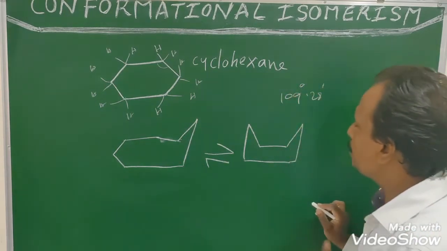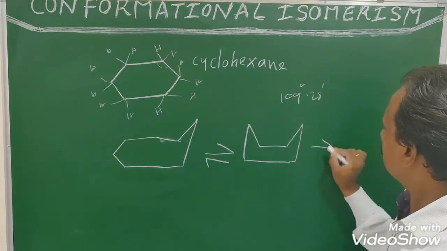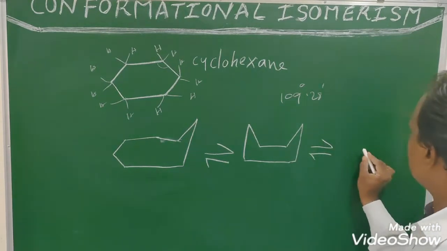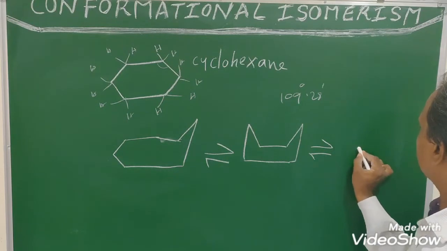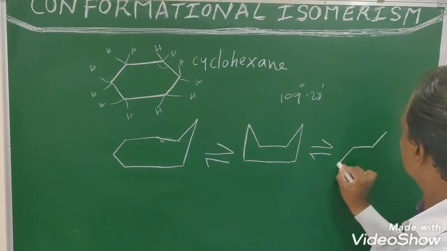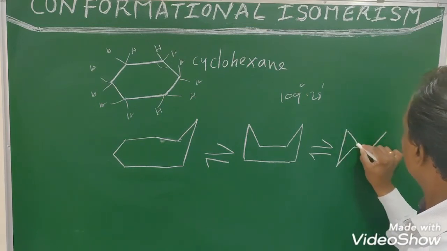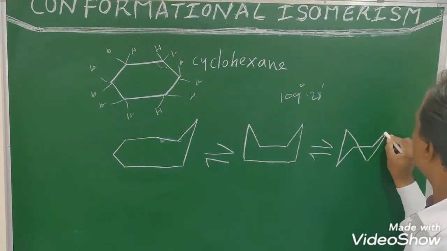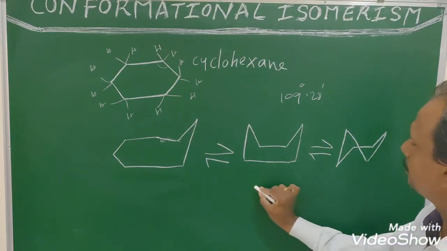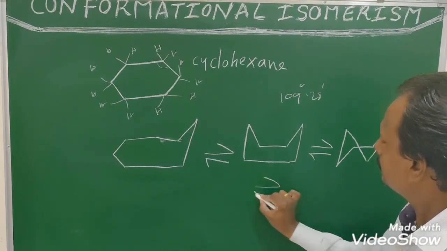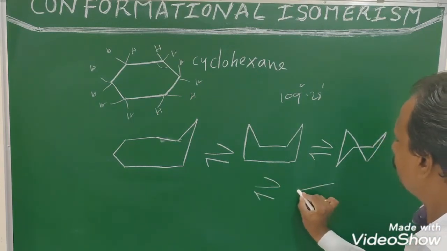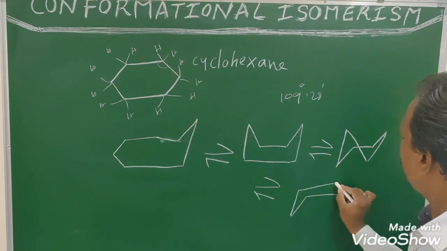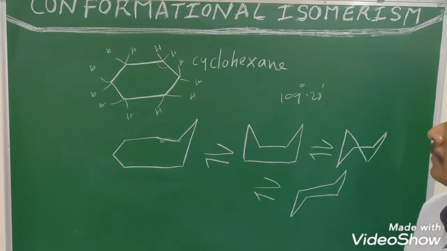Again strain continues, and it becomes the twist boat conformation. Then it is the chair conformation.